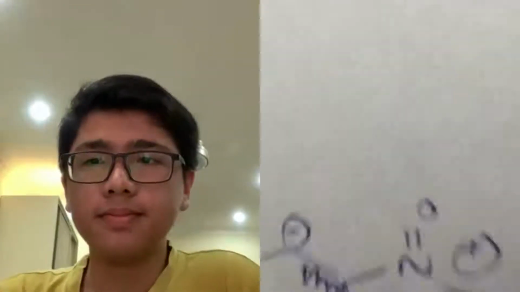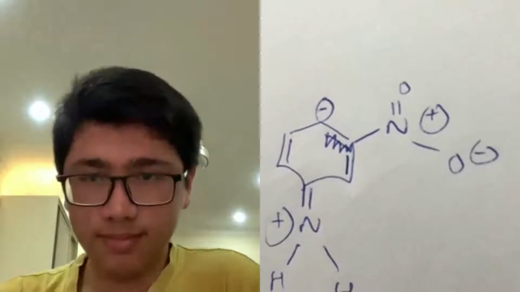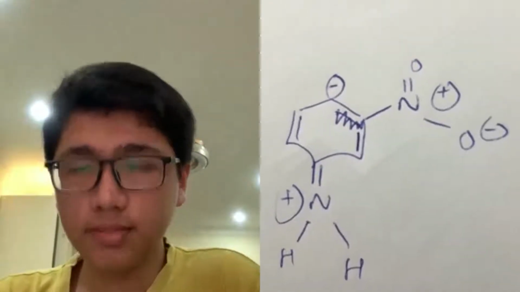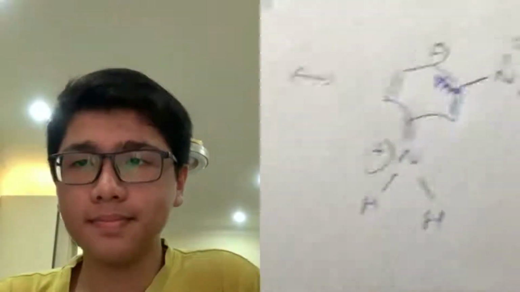For the structure that cannot get delocalized, the NO2 can still inductively withdraw electrons, but it's not going to be well stabilized, and it's going to be better than phenylamine on its own. So phenylamine is the most basic.